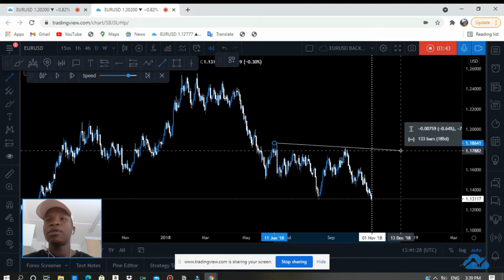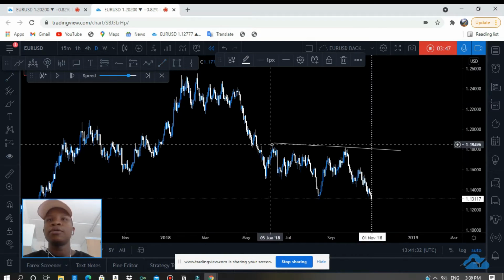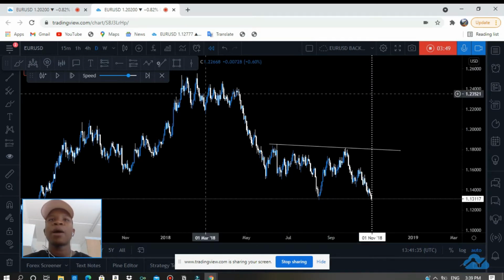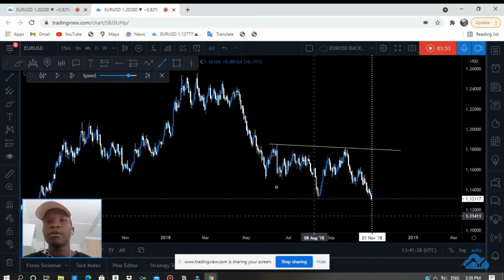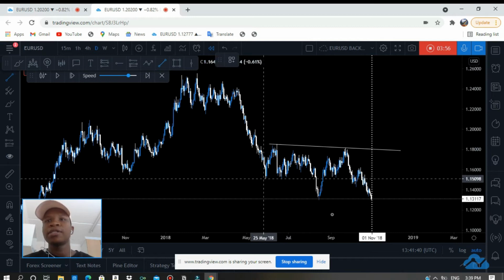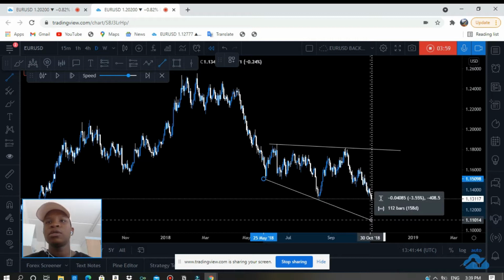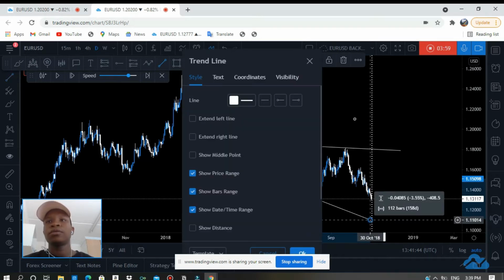Right now, I'm just gonna plot the lines there and there, as they are the ones that I use to identify my edges and all those things. So clearly here you can see it's sort of a descending wedge, not fully.